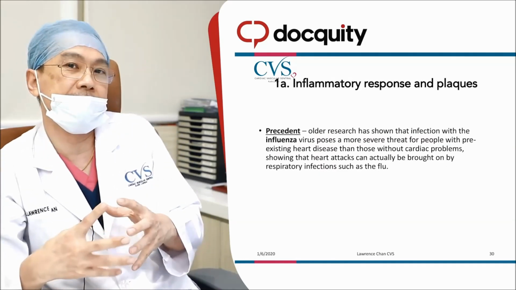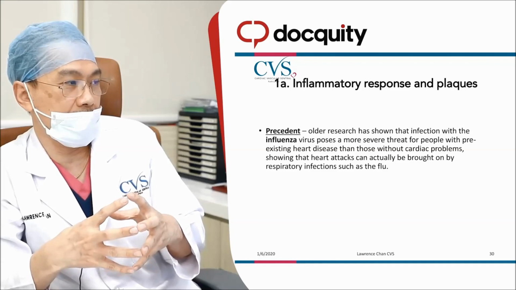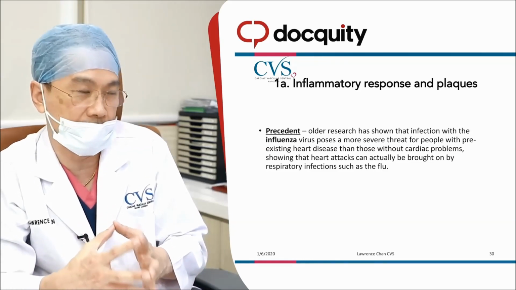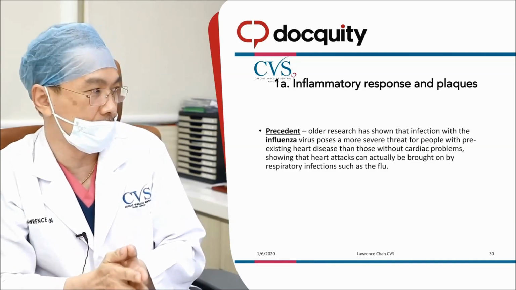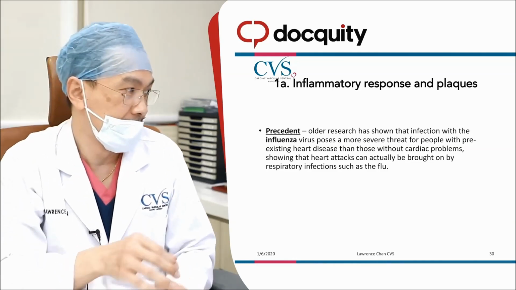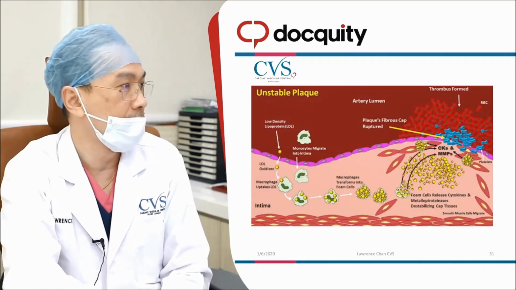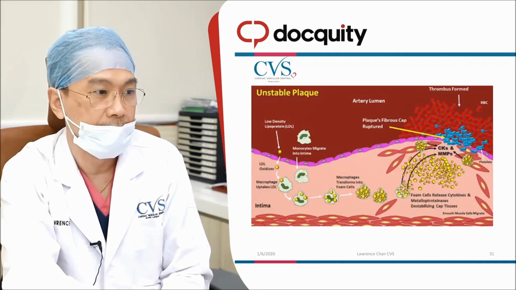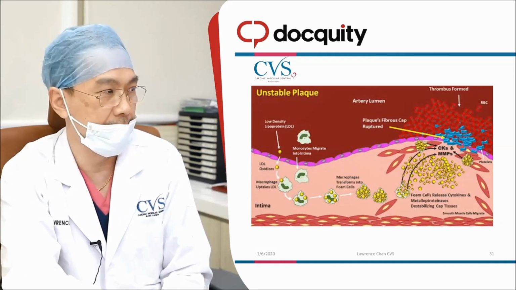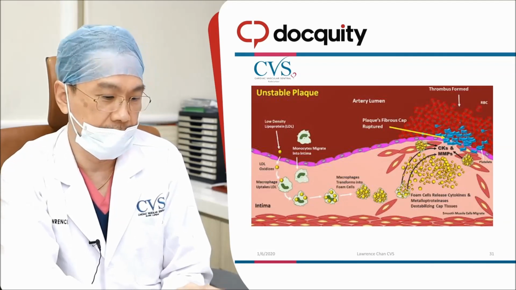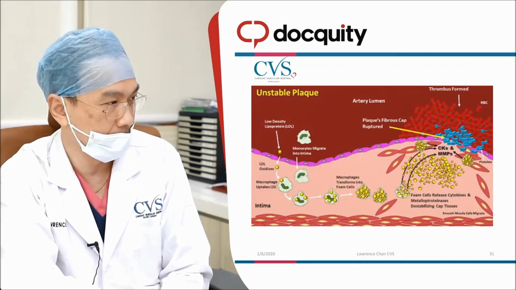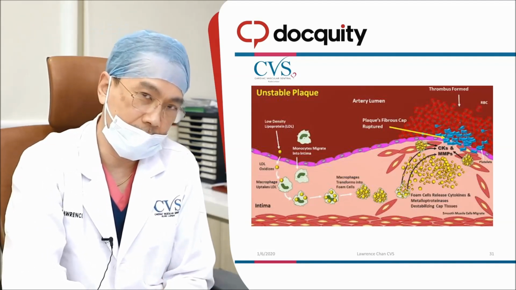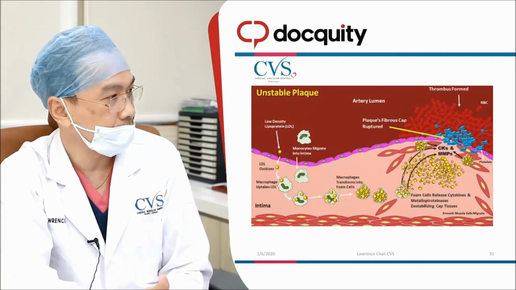Again, there's a precedent with older research looking at infections with viruses, in this case the influenza virus, and it has been shown that the process does increase the risk of myocardial infarction in the setting of a viral attack. So that was the inflammatory response and how it affects the cardiovascular system.